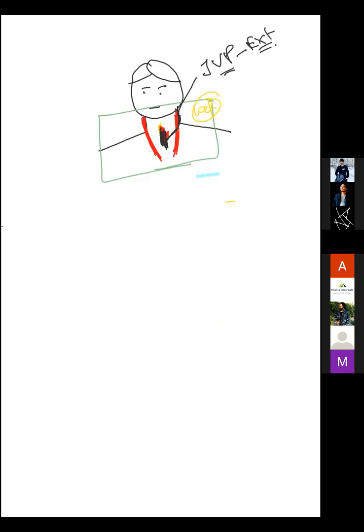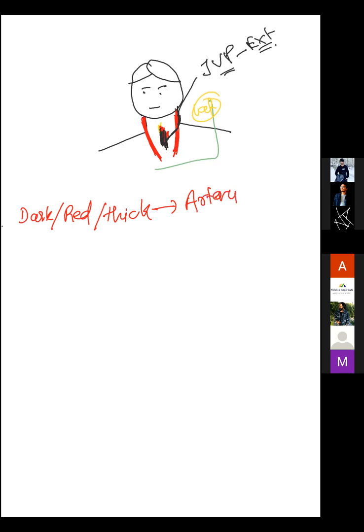But whenever in the question, even in the trauma section, you see dark red or thick blood, most of the time the aorta or an artery is going to be damaged, or it is internal damage.